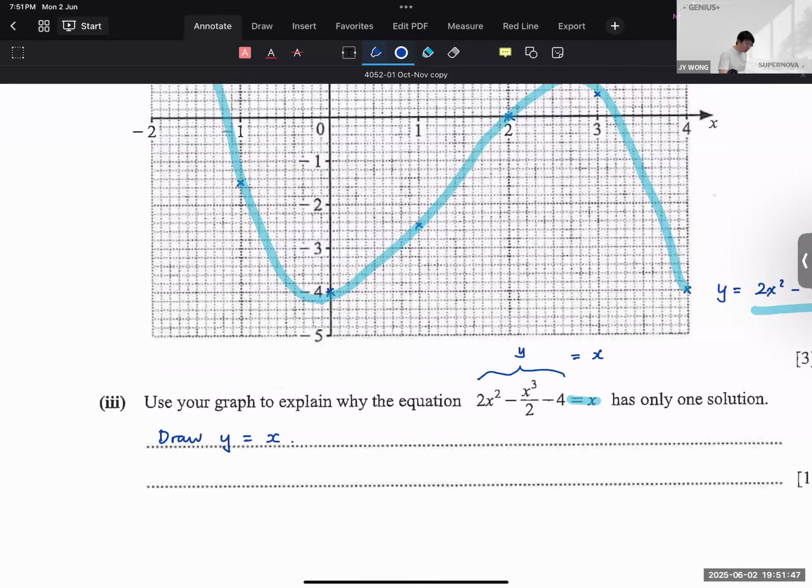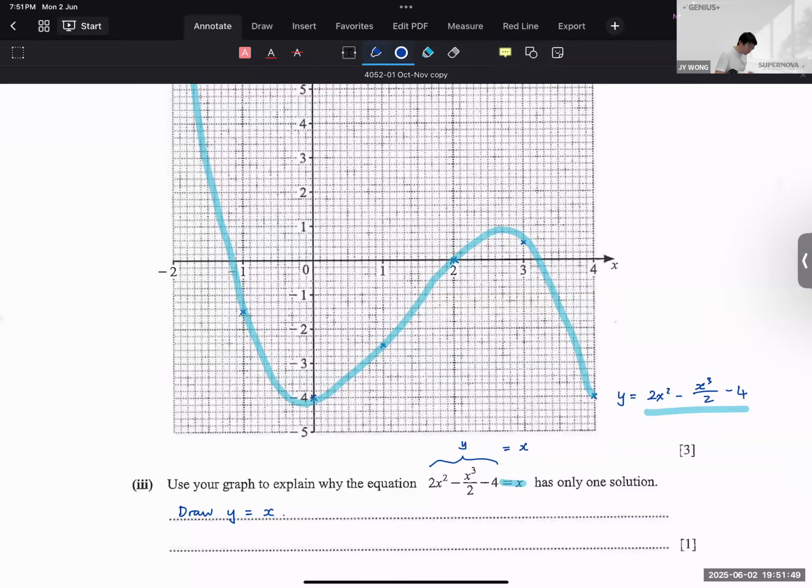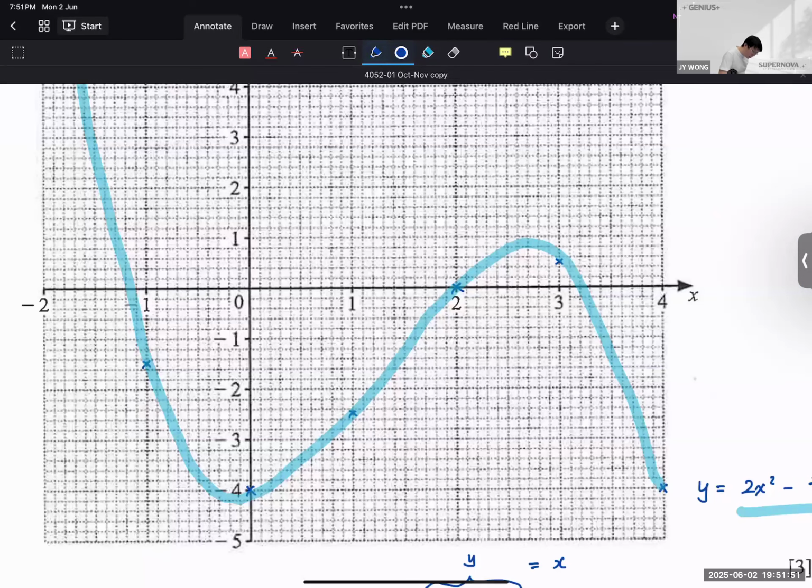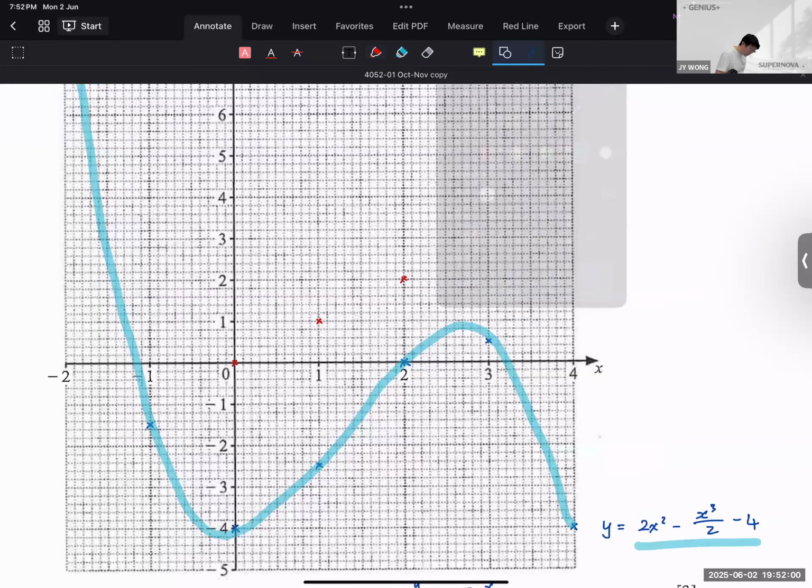How to draw y equals to x? Y equals to x is very simple, right? If x is 1, y is 1. You can plot the points to draw it. When x is 0, y is 0, right? When x is 2, y is 2. So I have 3 points, I can draw a straight line.